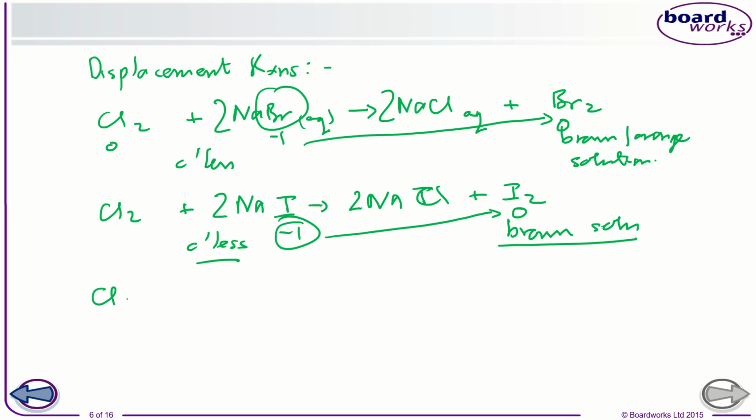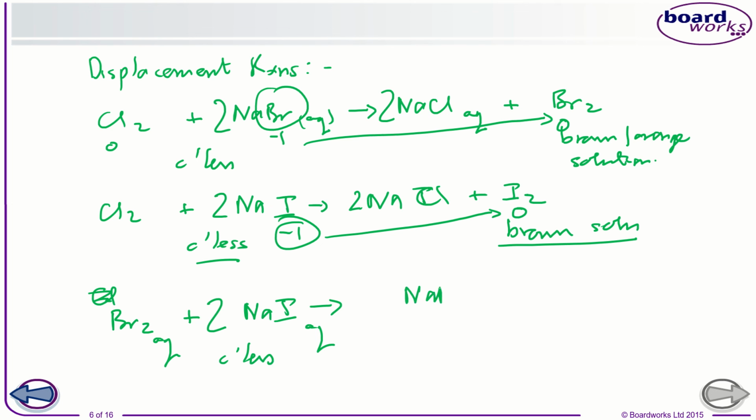And the final one that you could use there is to prove that bromine is a stronger oxidizing agent than iodine. We would put bromine water, a solution of bromine, into a solution of aqueous sodium iodide, again a colourless solution.